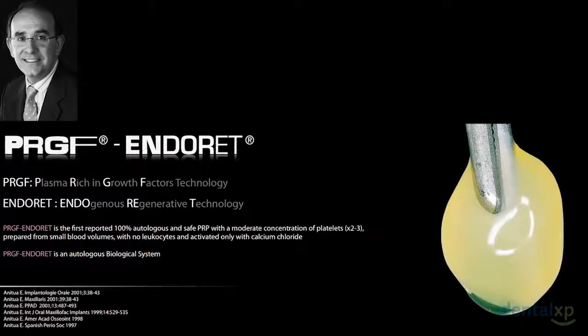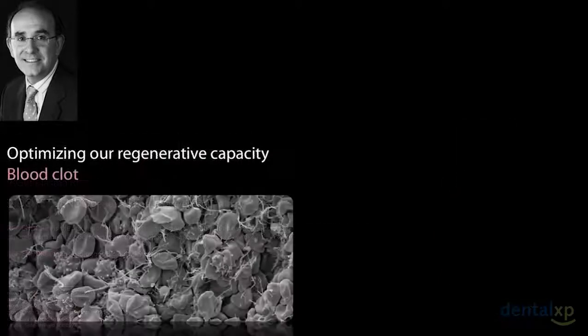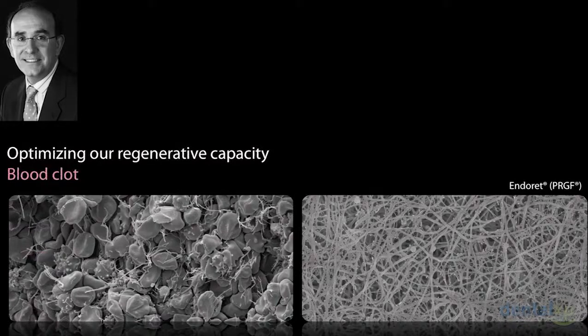Why do I love to use autologous growth factors? I have been using this protocol for the last 20 years in post-extraction sockets and for maybe the last 18 years in implant dentistry. Why? The responsible for bone regeneration is normally the blood clot. But today it will be possible to change this concept and obtain a completely different clot.